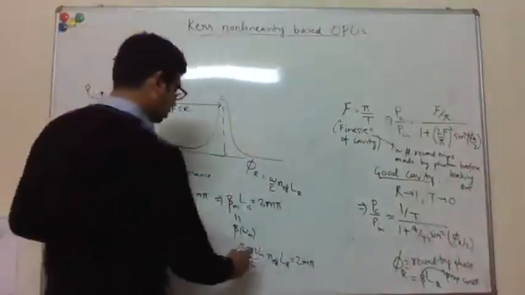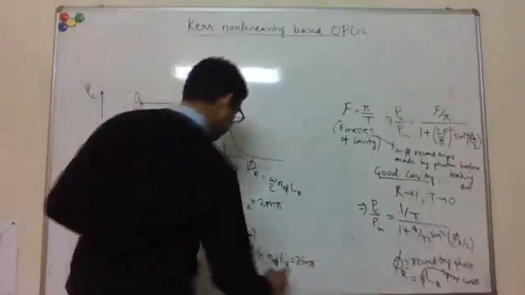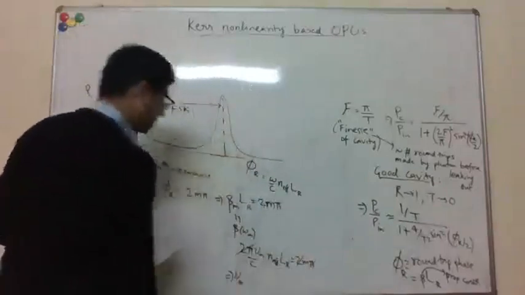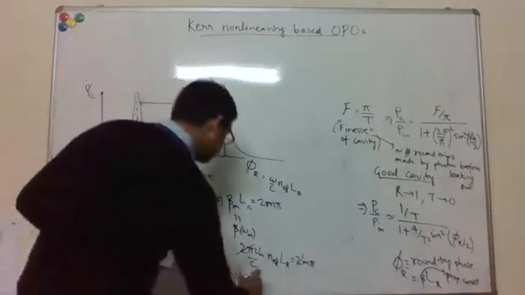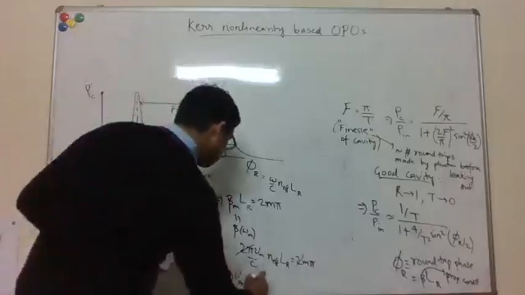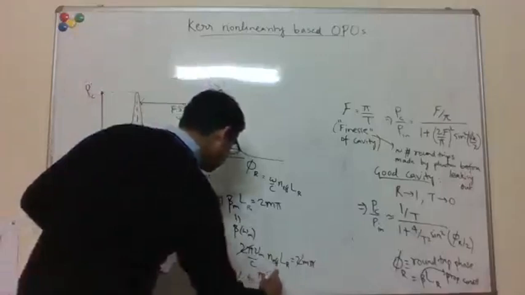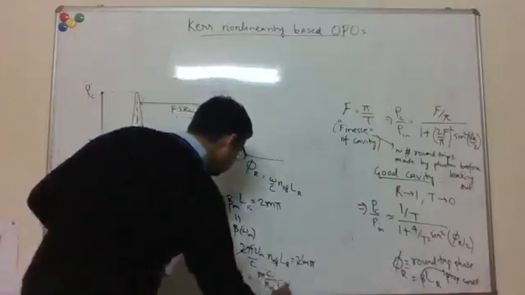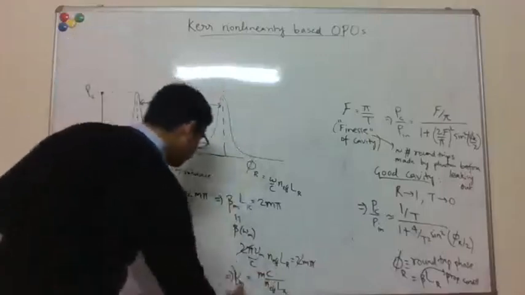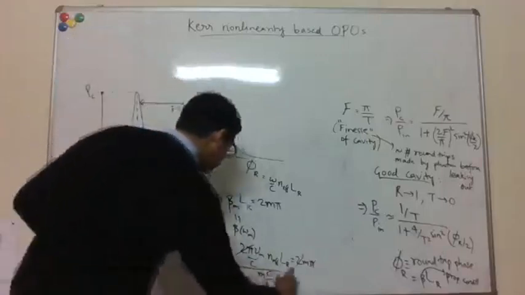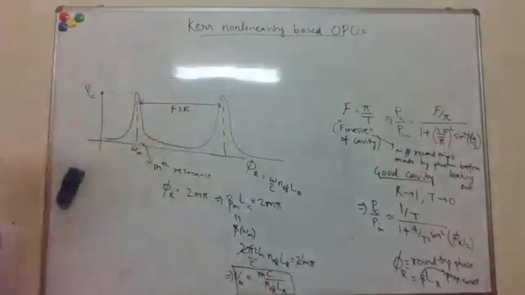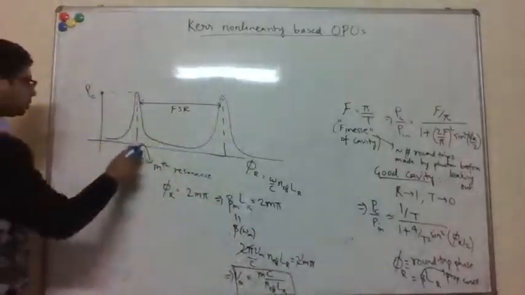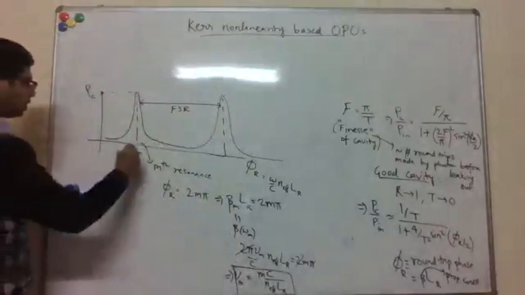So the 2 pi's get cancelled, and then we get an expression for the mth resonance frequency. Instead of omega, I'm using nu here.